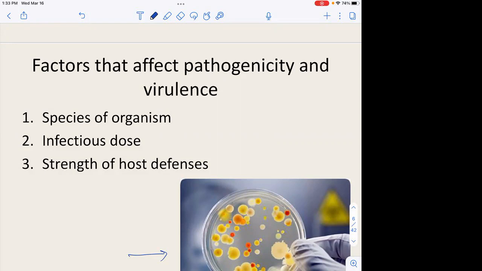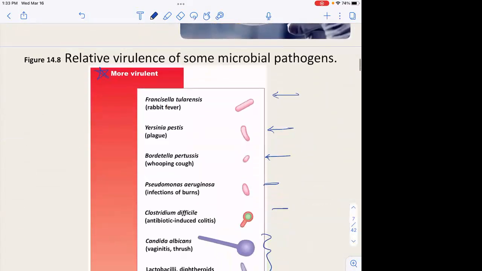So we looked at 3 different things. First, it depends on the species of organism. It depends on what kind of tools it has in its tool chest that we're going to call virulence factors that enable it to be successful. It depends how many of those microbes the host has been exposed to, and how they're exposed certainly makes a difference as well.